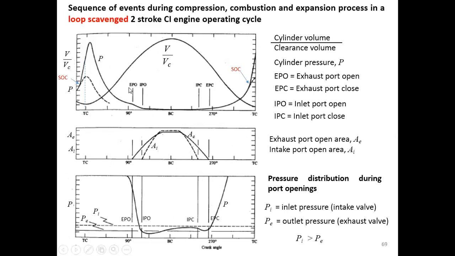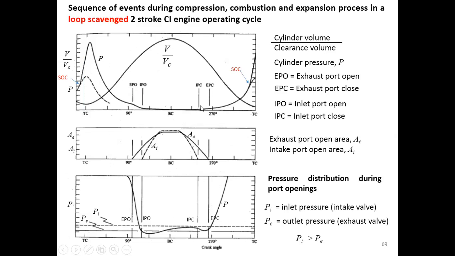These two ports open before the piston moves down to the bottom dead center. Then the piston goes up. You see the pressure go down because the ports are open. So inside the cylinder, when two ports are open, there is virtually no pressure inside the cylinders.